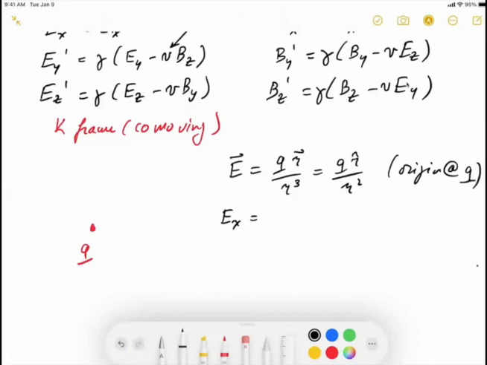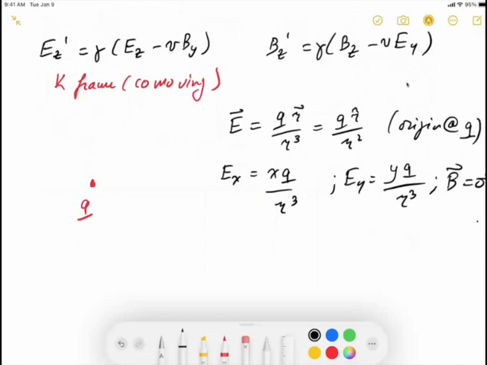So Ex is therefore x times q over r cubed, and Ey is of course y times q over r cubed, and B is 0.